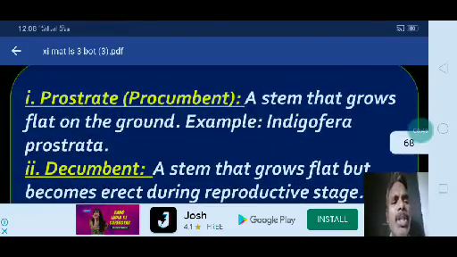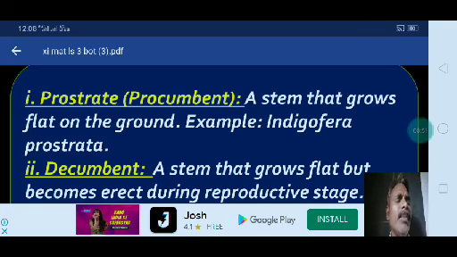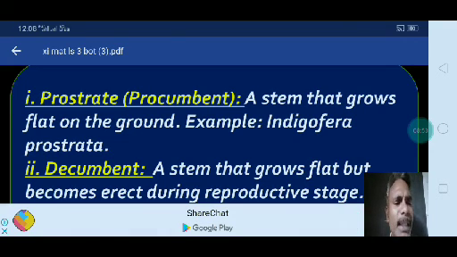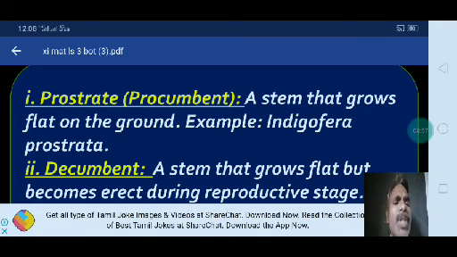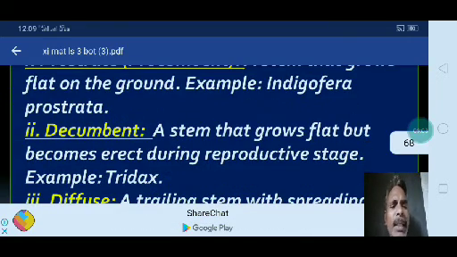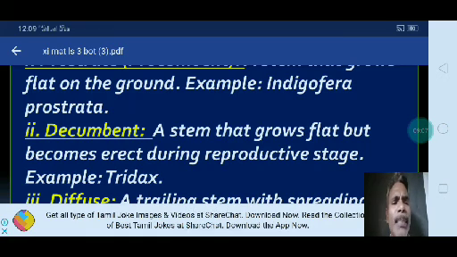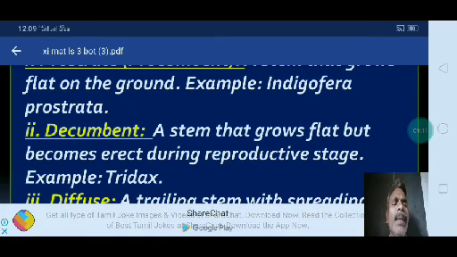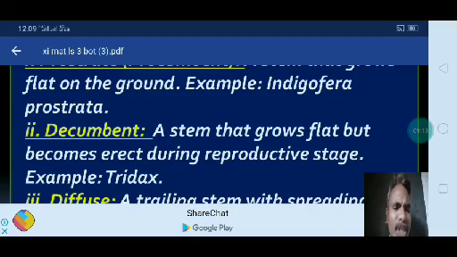First one, prostrate or procumbent, a stem that grows flat on the ground. Examples, Indigofera prostrata, Tridax procumbens. Then decumbent, a stem that grows flat but becomes erect during the reproductive stage.